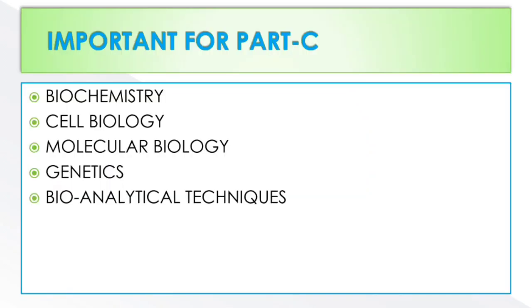Important topics for part C. So here are some important topics which are very important, very crucial for you to succeed and gain good score in part C. They are biochemistry or molecules and their interaction relevant to biology, that is Unit 1, and then cell biology, that is cellular organization, Unit 2, molecular biology or fundamental processes, that is Unit 3, and genetics or inheritance biology, that is Unit 8, and bioanalytical techniques or methods in biology, that is Unit 13.